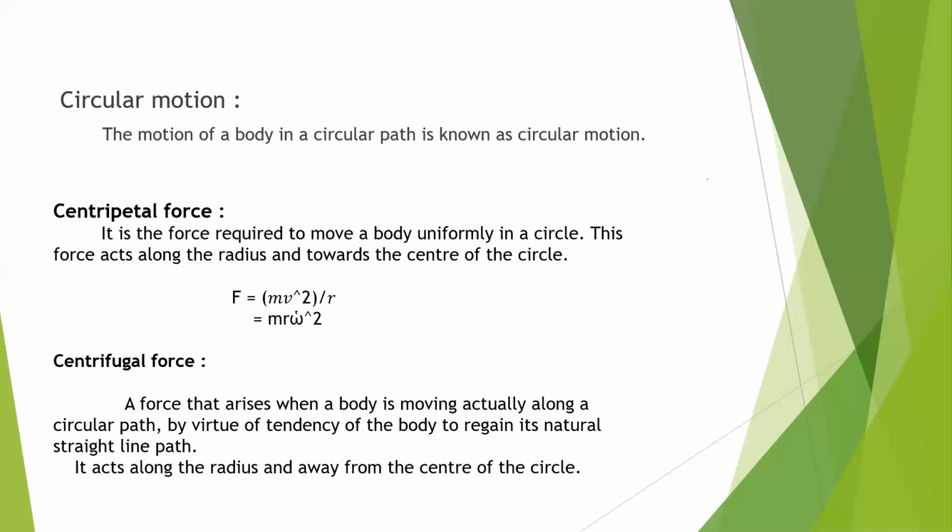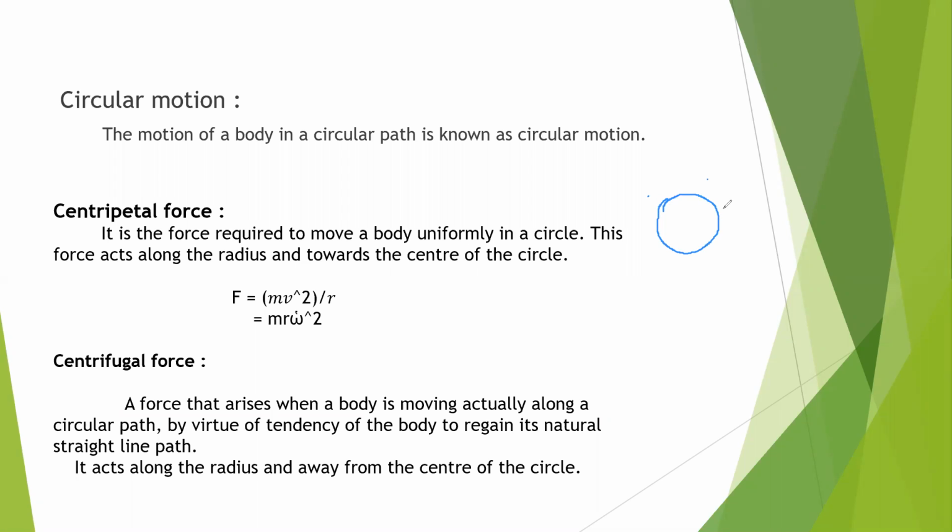So what do you mean by circular motion? See here, the motion of a body in a circular path is known as circular motion. So simple definition, if the motion of a body is along the circular path, so here you can see the example, if the object is moving along the circular path.